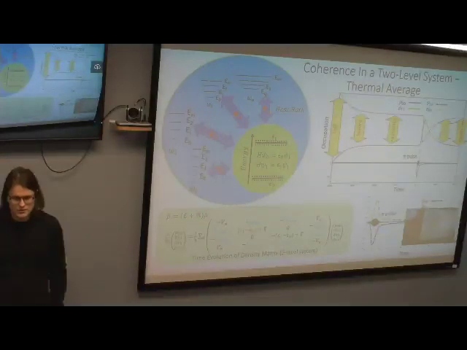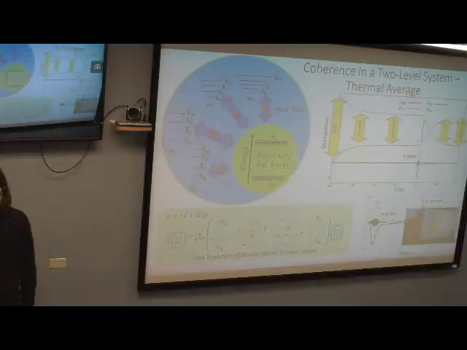One is interaction with the thermal bath, in the sense of losing and obtaining a phonon quantum back.